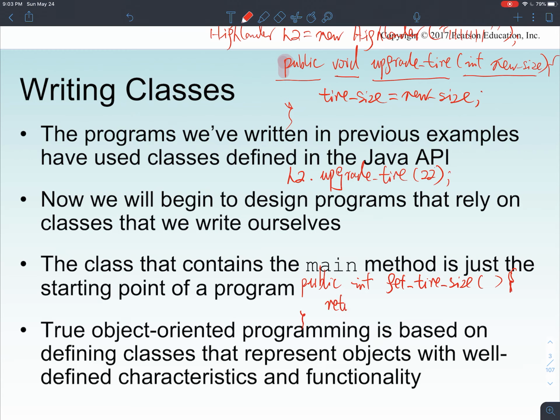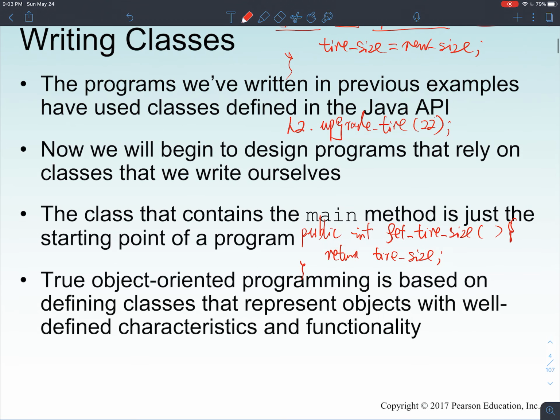It just returns tireSize. So if you call h2.getTireSize(), then this statement will return you 22, because we just modified the tire size to 22.